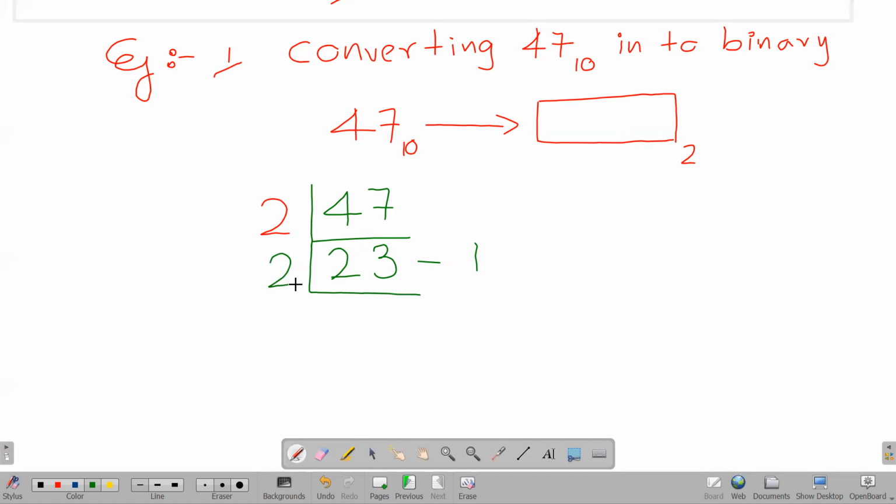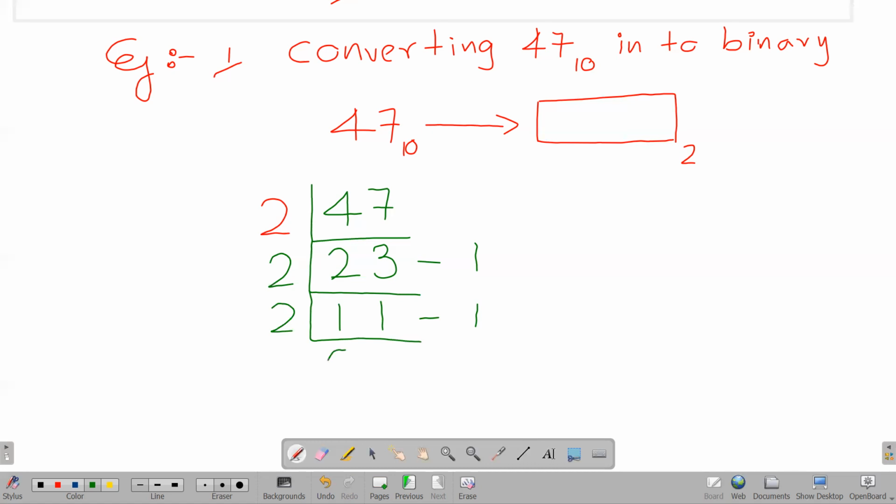So for 2, there is 2 times 1. And for 3, again there is 2 times 1, and 1 is remaining. And 11 as our answer is not less than 2, so we are dividing by 2 again.